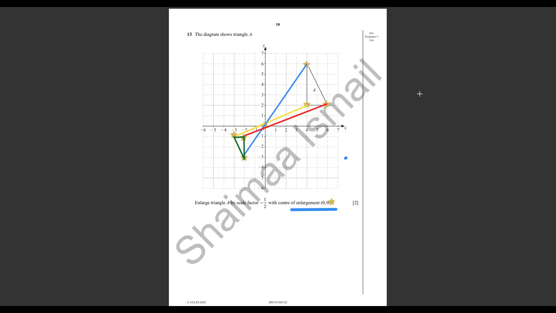And using this way, step number 1 is measure.